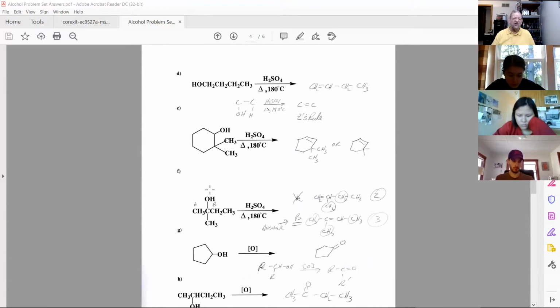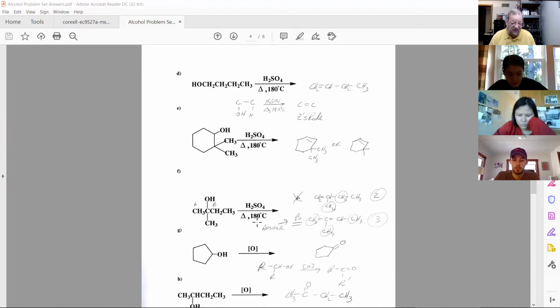All right, let's look at F. In F, we have what's different, oxygen, look for what's not carbon, what's not hydrogen. Hydroxyl group on a carbon, alcohol, sulfuric acid, little triangle like the flame on top of a Bunsen burner, heat.